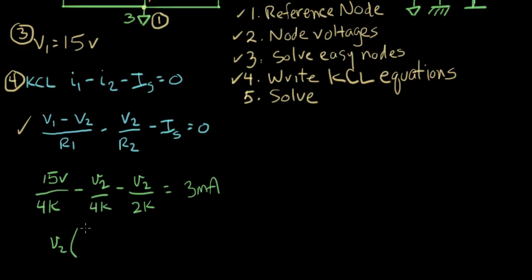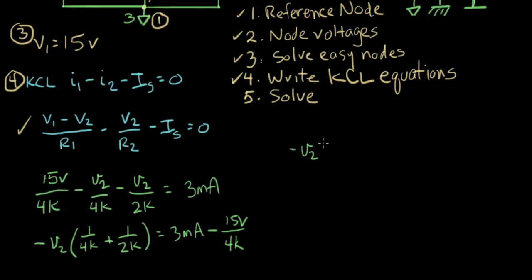V2 times 1 over 4K plus 1 over 2K equals 3 milliamps. Oh, get my minus signs right. Minus sign over here. Let's bring the constant term over to this side. So this is 15 volts divided by 4K. And continuing over here, we have minus V2.